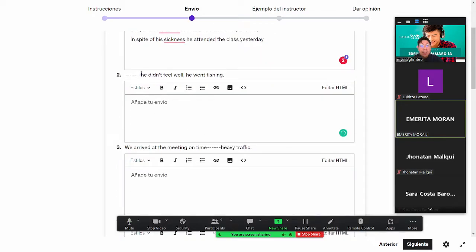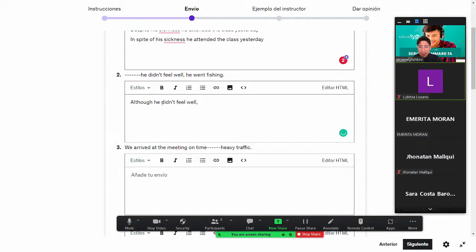Siguiente. He didn't feel well. He went fishing. ¿Qué cosa es he didn't feel well? Una cláusula. ¿Podré usar although he didn't feel well? Yes, por supuesto.